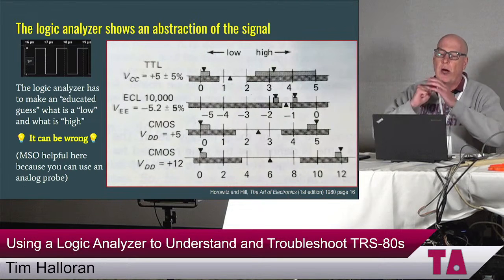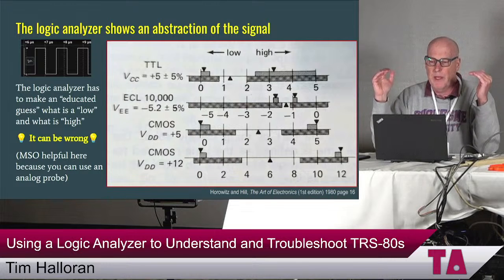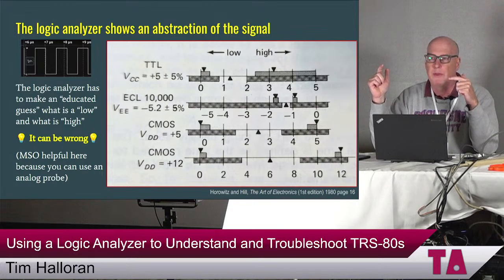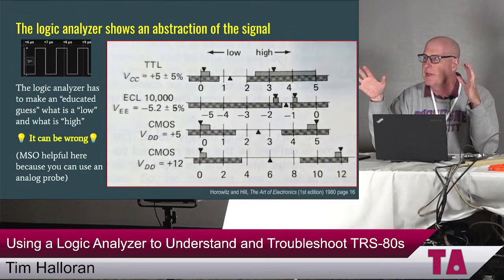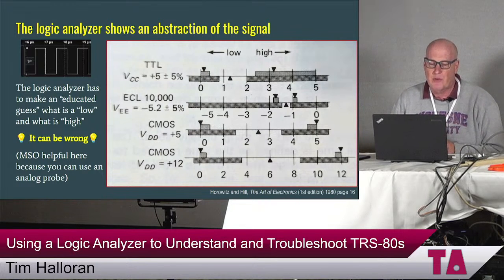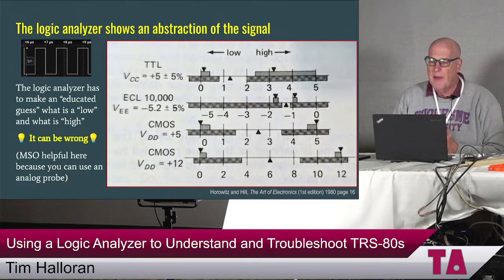All right, so I've talked about this a little bit, but one thing that's critical to understand here is that the logic analyzer is showing an abstraction of that signal. In the CoCo example, we saw that the analog signal was much richer than the digital logic analyzer one, because it's making an educated guess about what is low and what is high. And this can be pretty complicated. I've copied this diagram out of the first edition of Horowitz and Hill's Art of Electronics.